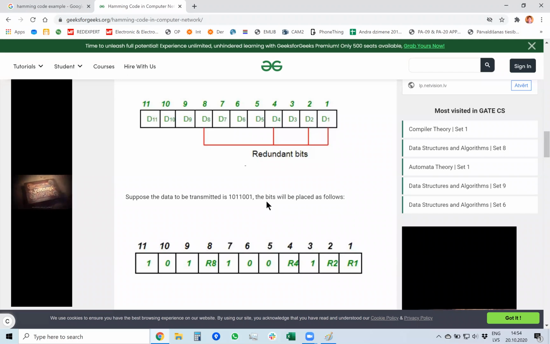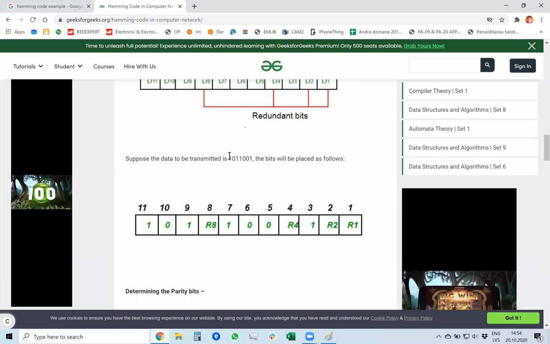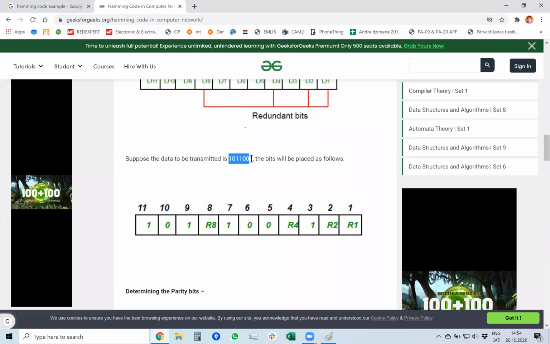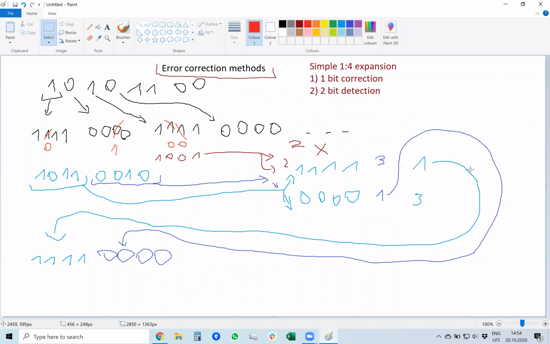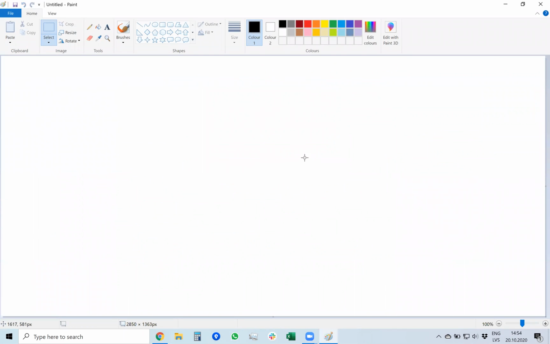Okay, let's do the example. So for example, let's just calculate the example that we have here. So we want to send these 7 bits, 1, 0, 1, 1, 0, 0, 1. I'll write it here.